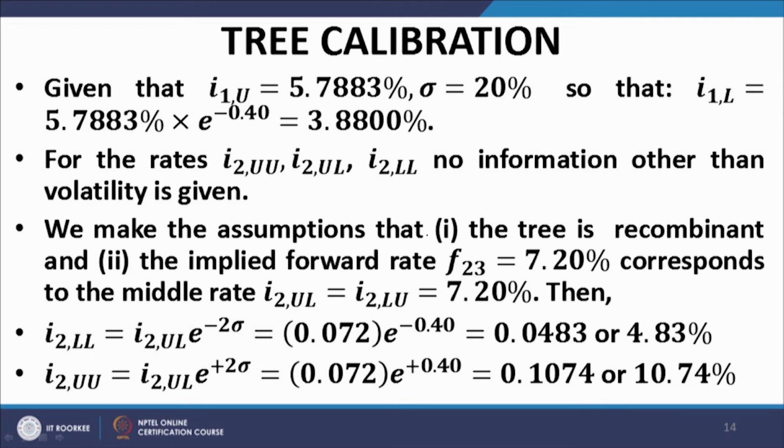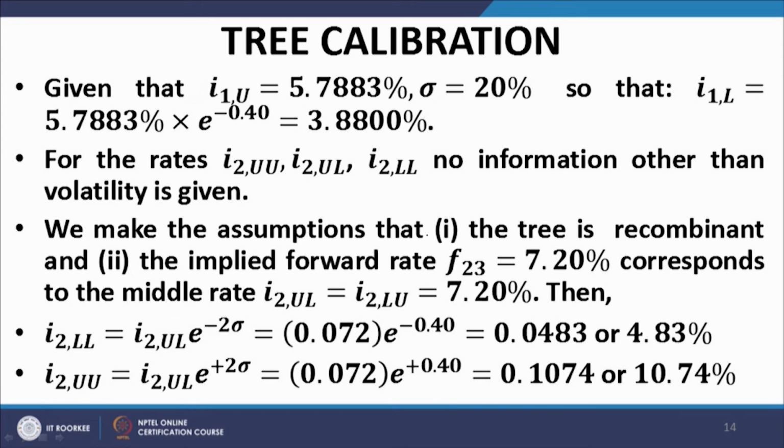Substituting the value of sigma and the value of I1u, we get I1L is equal to 3.88%. Now, let us look at the calibration of the tree at t equal to 2. We have 3 rates that we have to look at: I2uu, I2ul, and I2ll. We have to find out these 3 rates.